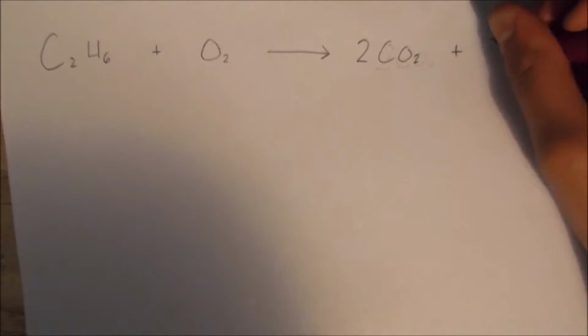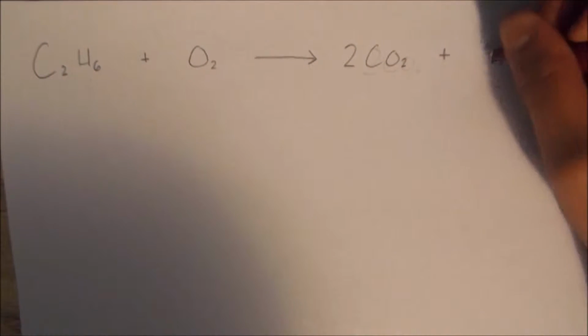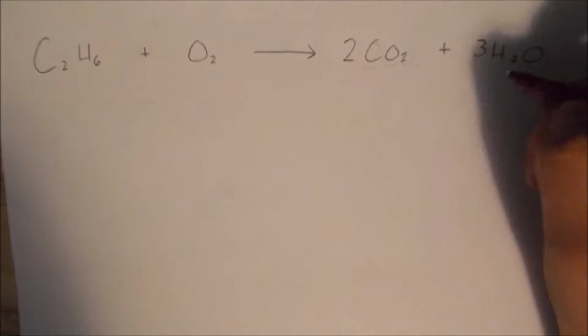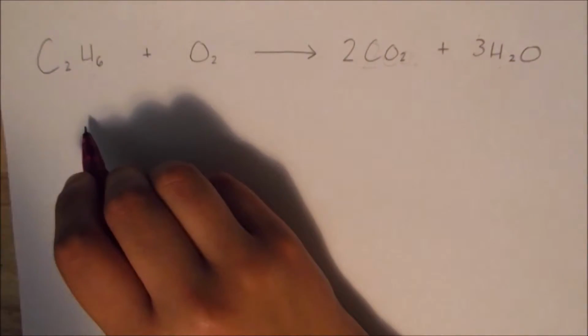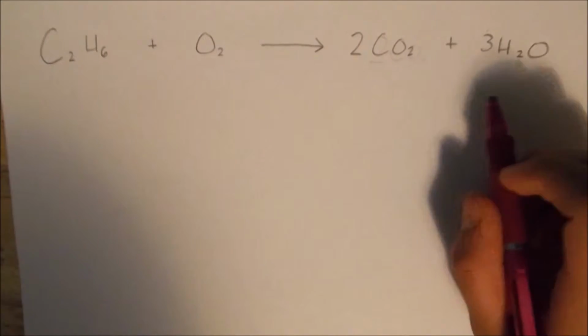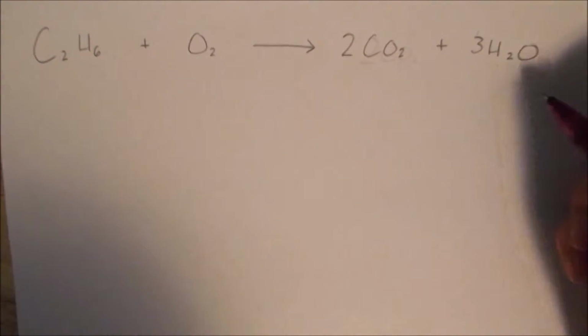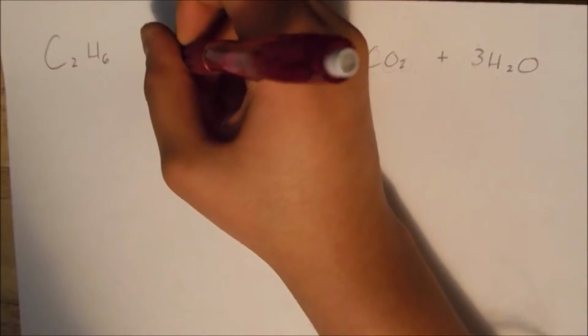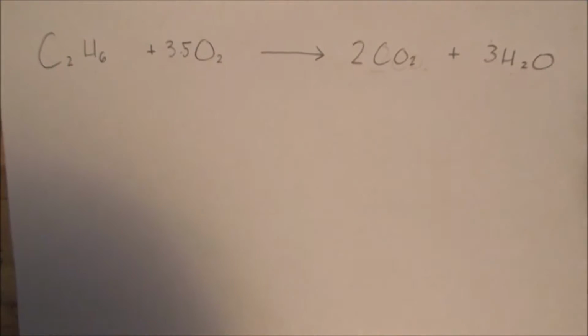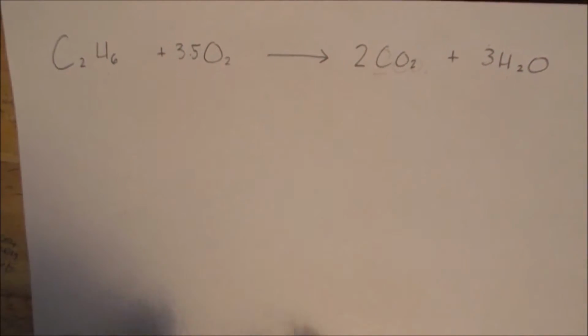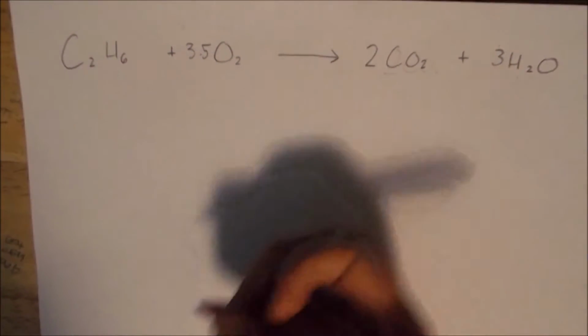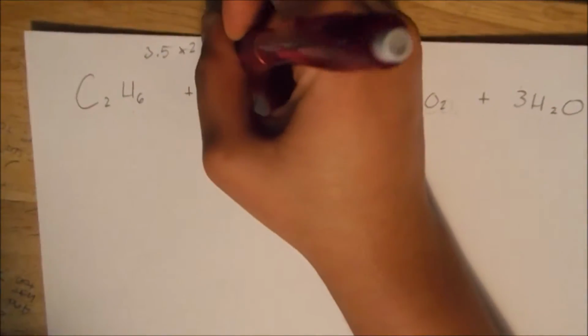So to balance this out, you would put a 3. Now there's 6 here and 6 here. Next comes the oxygen. There's 7 in total. That would mean it'd be 3.5 to make 7. But we can't have 3.5, so you would multiply it by 2, and that would equal 7.